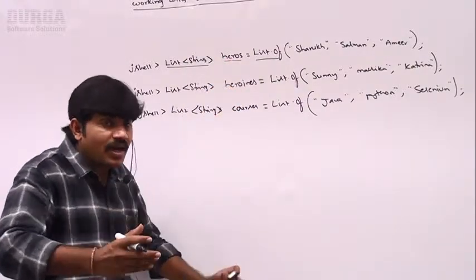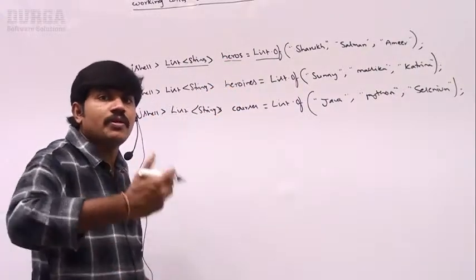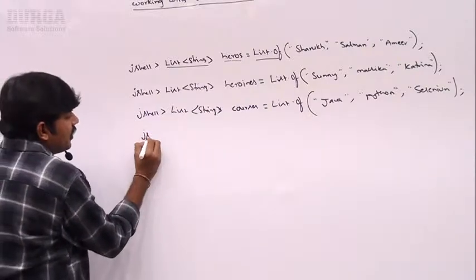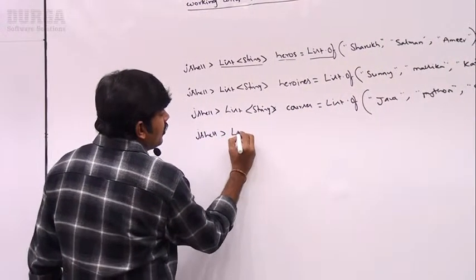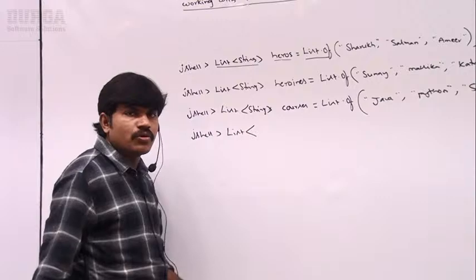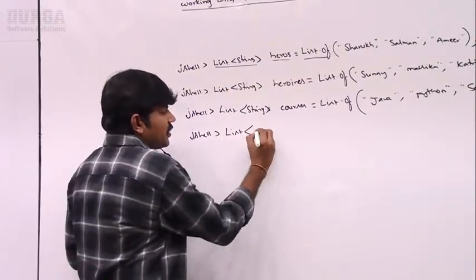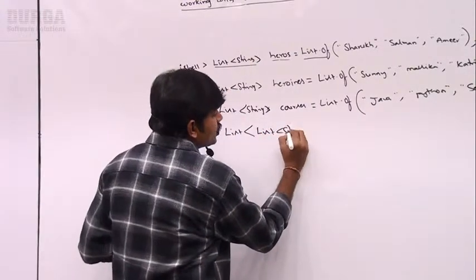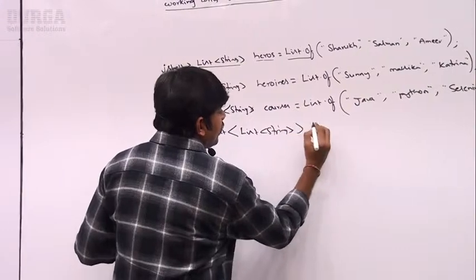I want to add these three lists to my own list. What is the way, sir? From the JSHL, this list is going to hold list of string objects. That's why list of string objects I'm taking. Observe that, sir.